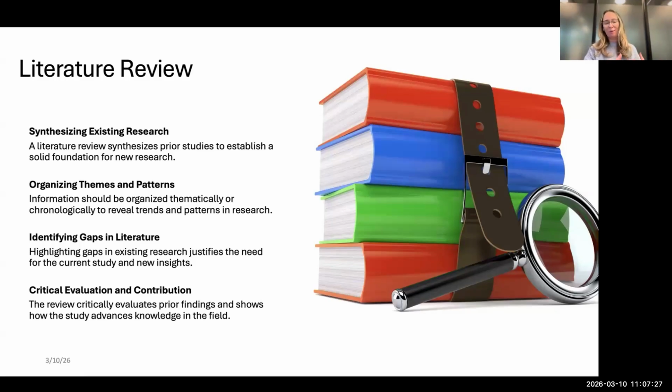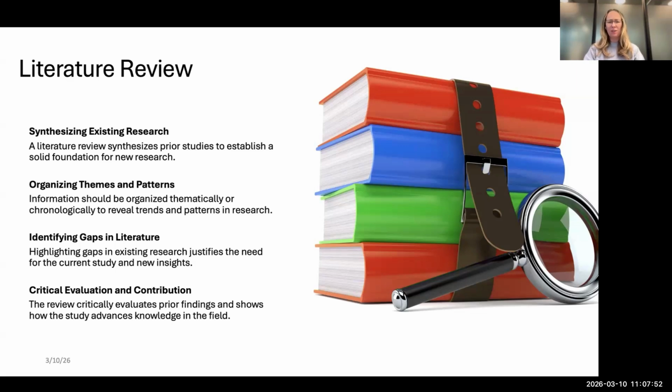So different than when you're writing this for your dissertation chapter, your literature review is going to have to be synthesized enough that it shows that you've explored all of the research that's out there. You have a solid foundation that tells why you need to do this study and how this wasn't done before, or how it needed to be done differently than how it's been done in the past.